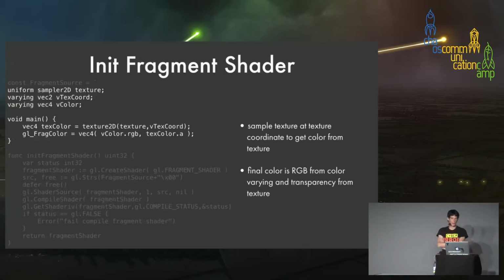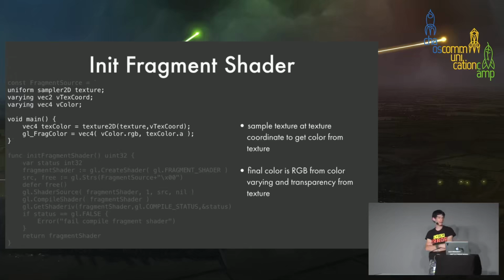Next, we do the same with the fragment shader. Also very simple. It takes a texture uniform variable as input, then the two varyings that were passed from the vertex shader, so texture coordinate and color. Inside the shader, we first find out the color of the texture at this specific texture coordinate.